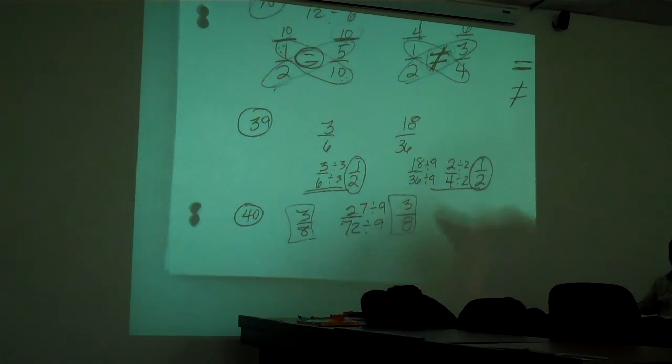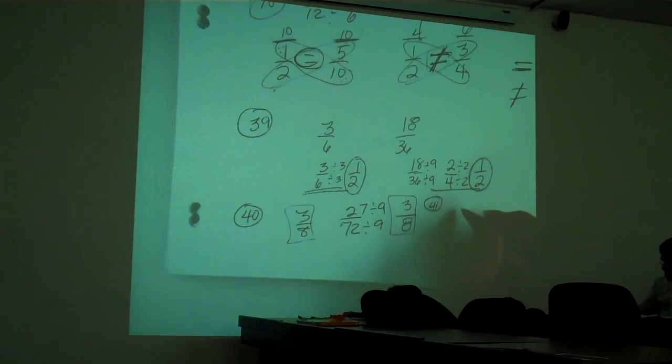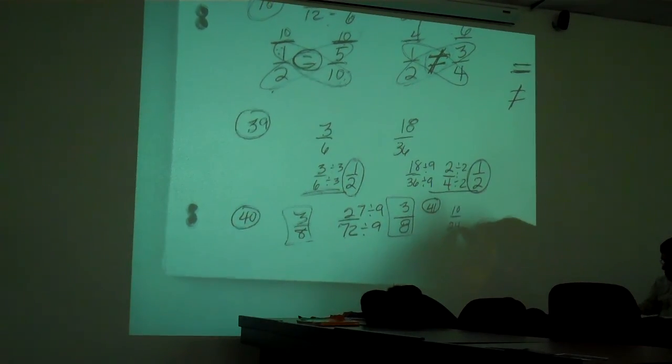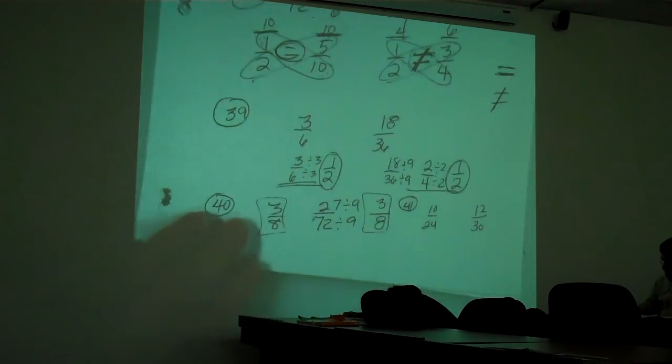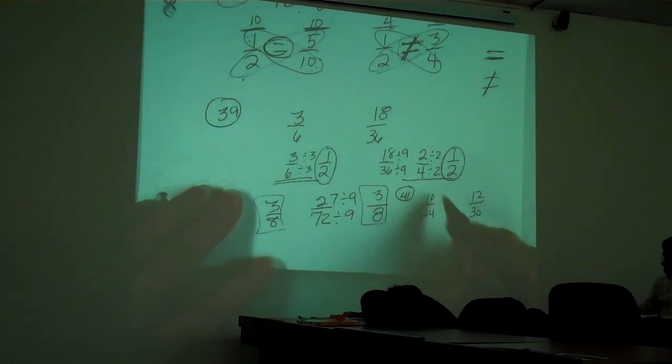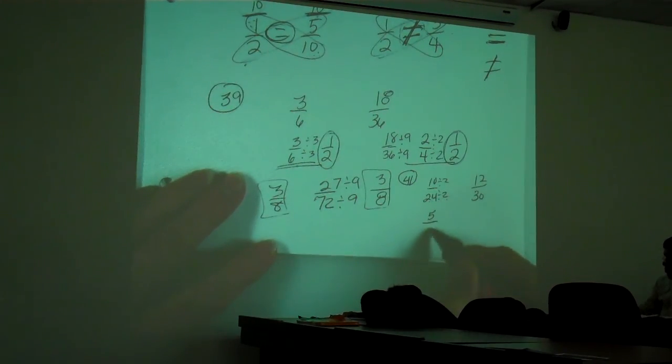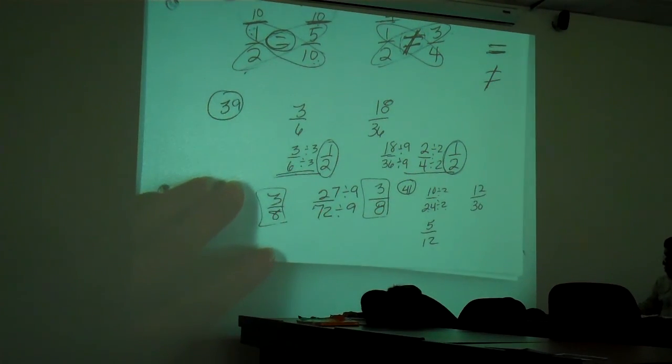On 41, you have a 10 over 24 and a 12 over 30. See, what can we divide these by? We divide by 2. And you have 5 over 12. Oh, so the answer ends up to 3/8 because they're exactly the same. So the 27 over 72 is 3/8 too. Right. This one reduced to 3/8.